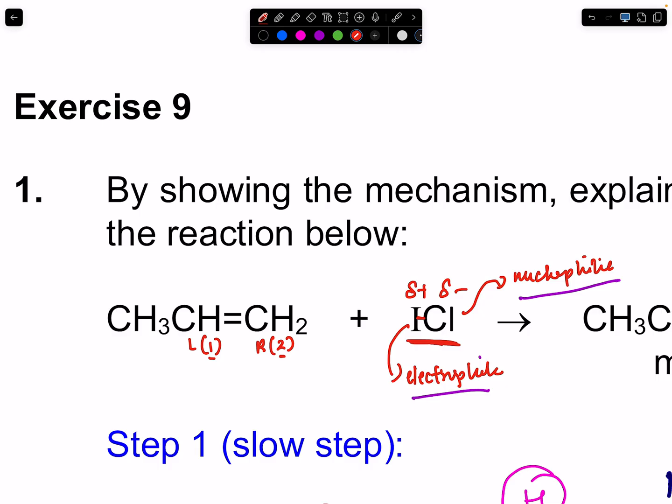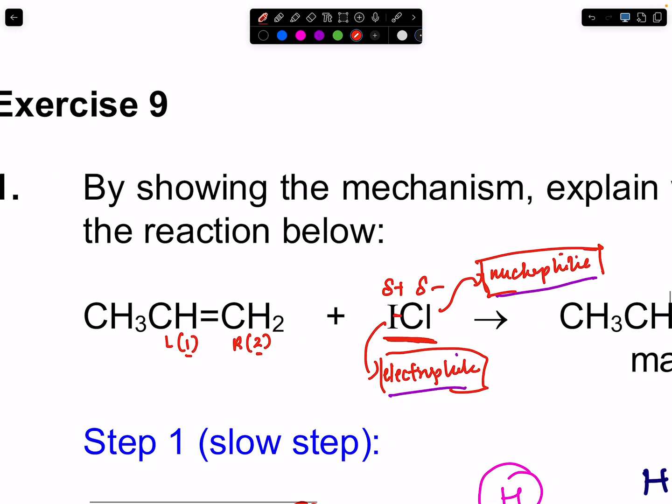Now I'm going to get ICl. The I will be the electrophile, while Cl will be the nucleophile. One is electrophilic, the other one is nucleophilic. So the iodine will go to the side with more hydrogen atoms.